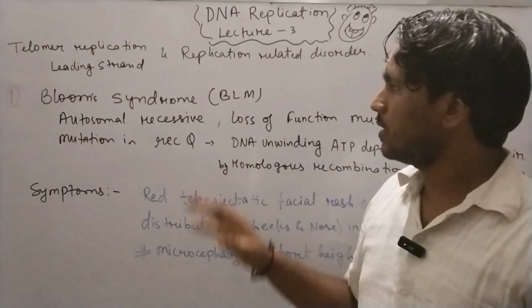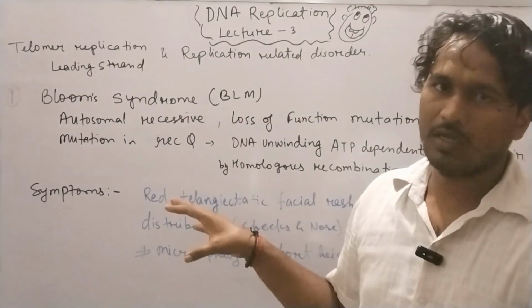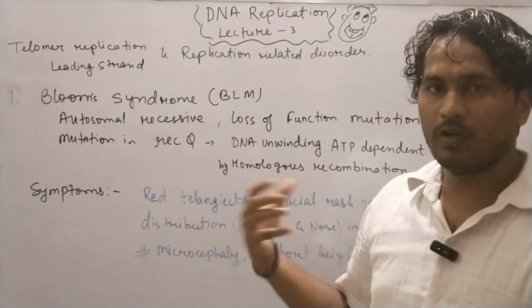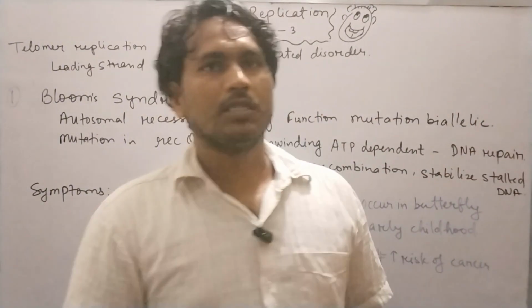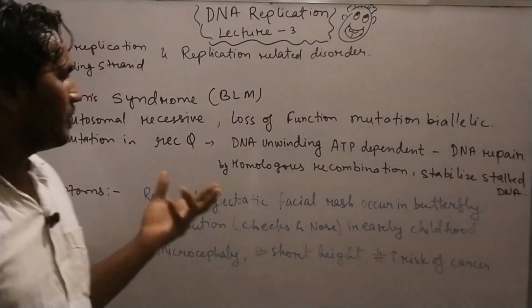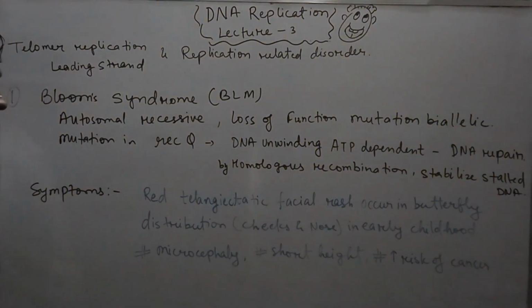So Bloom syndrome is an autosomal recessive disorder, and it is because of a loss of function mutation, and the mutation is biallelic in nature. So wherever it is a recessive gene, this disorder will be seen.